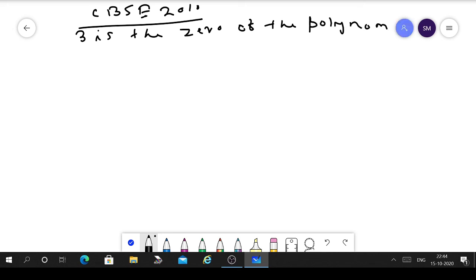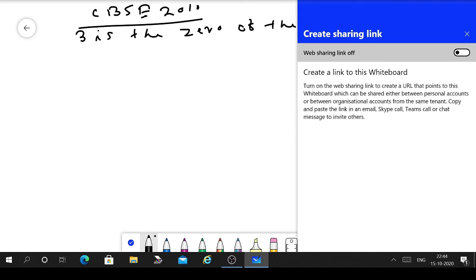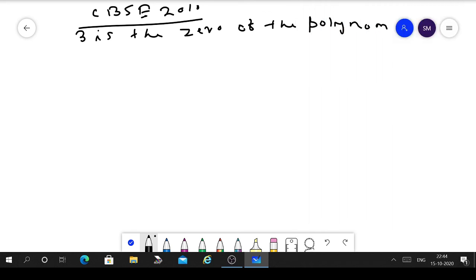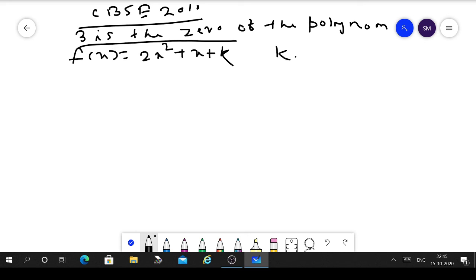The polynomial given is f(x) equal to 2x square plus x plus k. Since 3 is a zero of the polynomial, we have to find the value of k.